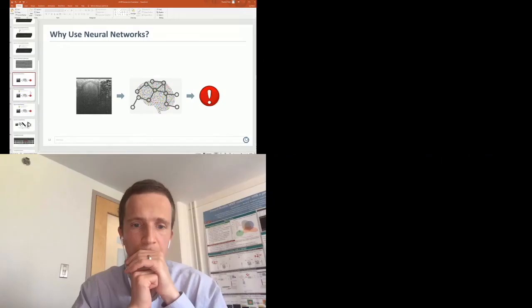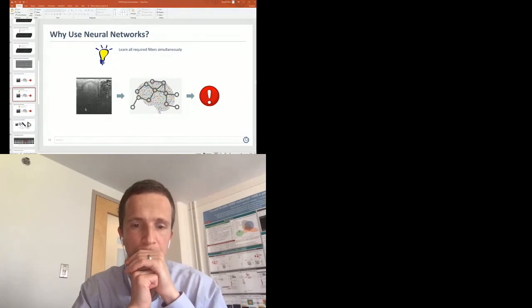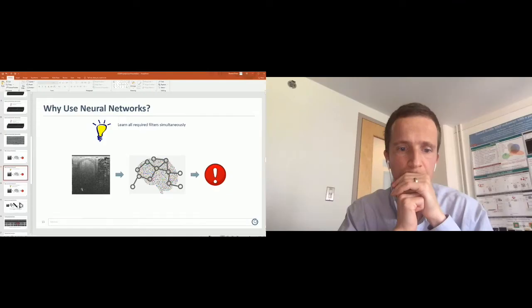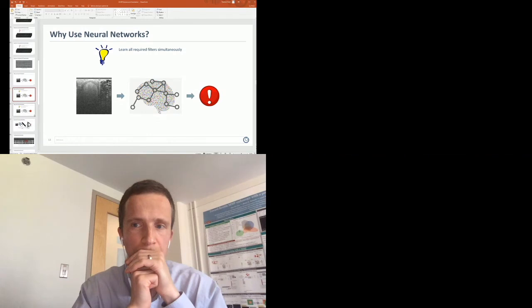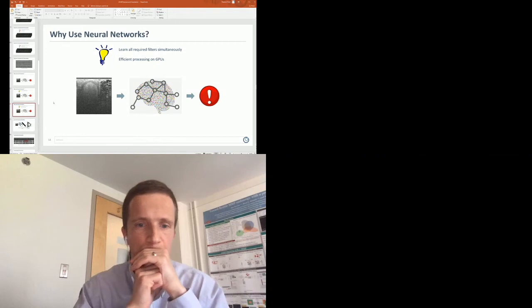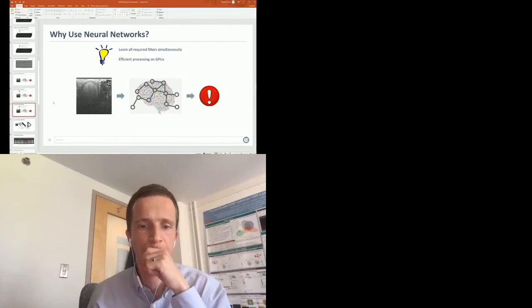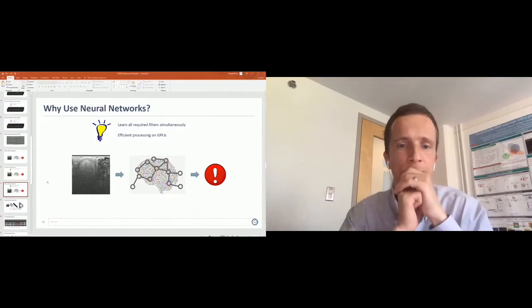Luckily, neural networks are capable of learning all required filters simultaneously and automatically just by analyzing examples, as we saw today also in several previous presentations. Also, since time is very critical in this particular application, GPUs allow us to process images very quickly.